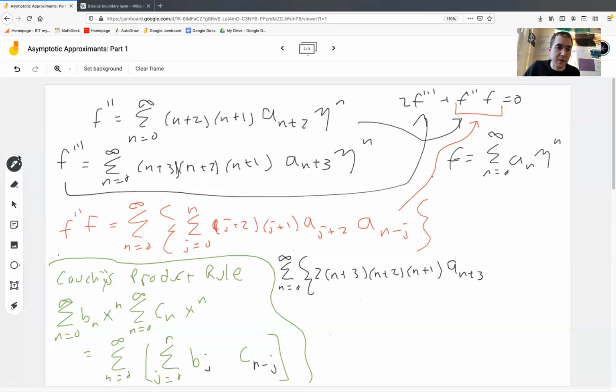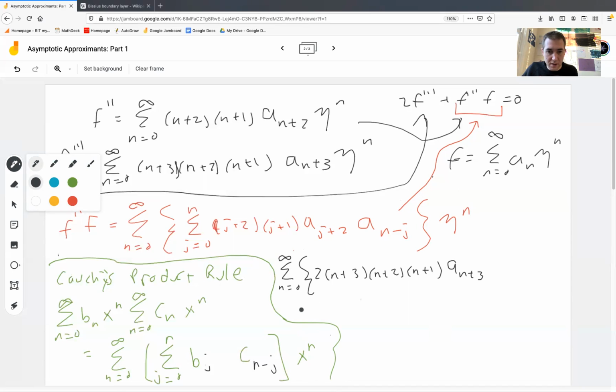Oh, that reminds me. I forgot to put that in the red thing, right? And I forgot to put that in the identity too. So that should be down here in the identity. That should be an x to the n. All right, so we plugged in the f triple prime stuff. Now we're going to put in the red stuff.